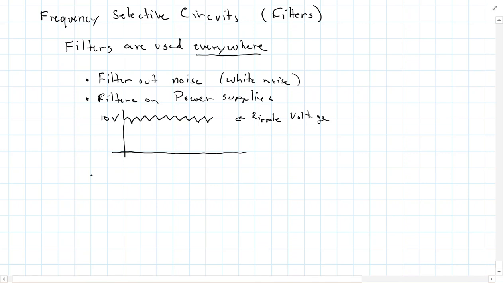And then a more obvious application here is dealing with sound. I'll call this just an equalizer. So we'll even do the simple example.